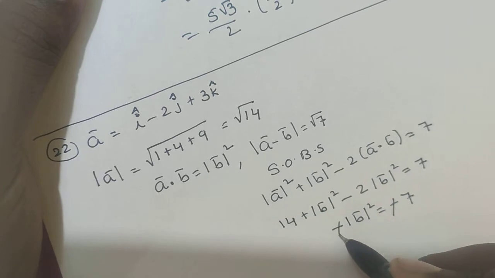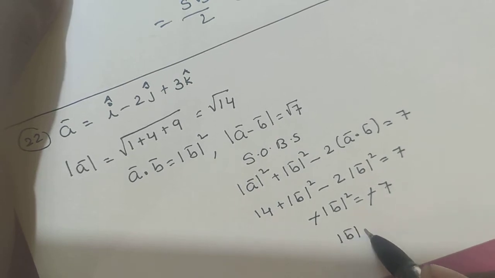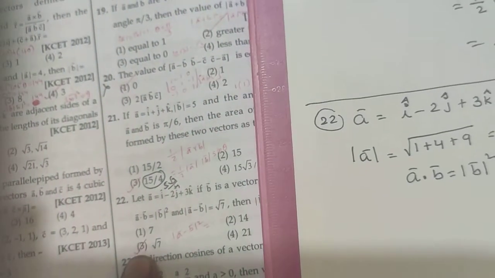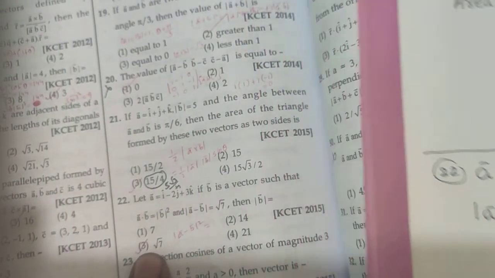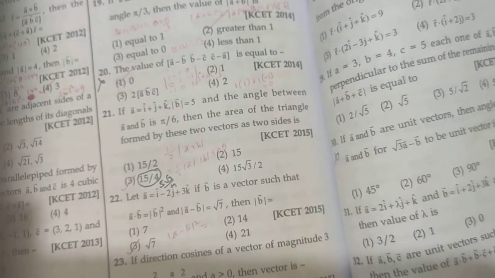Then minus minus cancel. Then mod B square equals to 7. From this we can write mod B bar equals to root 7. That is answer for question number 22. That is nothing but which option? Third option is the correct answer for this question number 22.